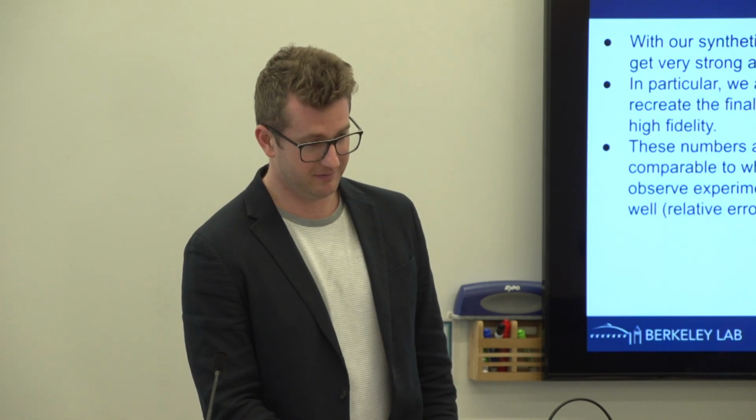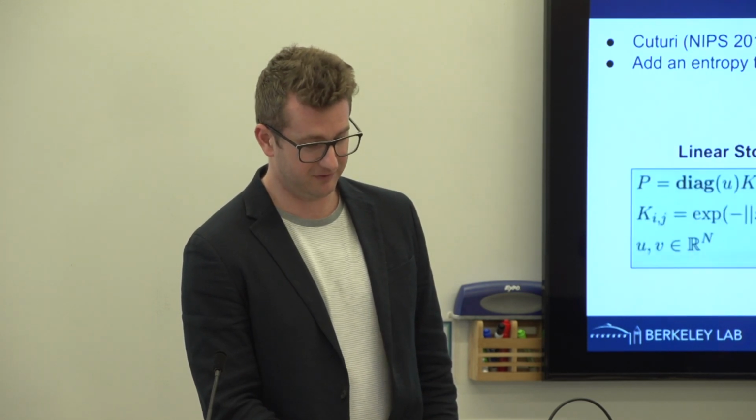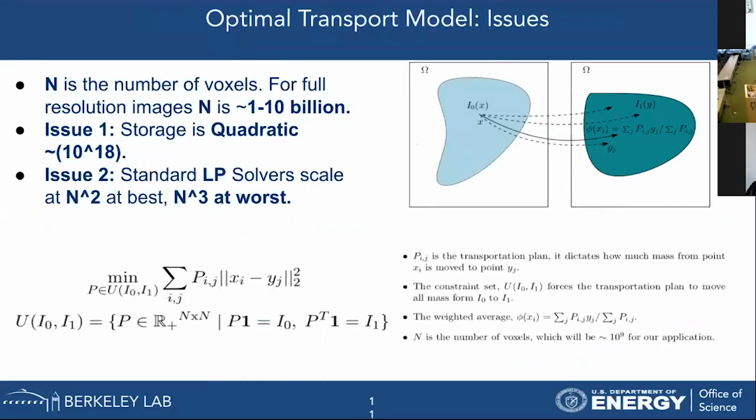Could you go back a few slides? To the one where it shows one pixel going to several others. Yes, of course. If I understand this correctly, because this is outside my area of expertise, for every pixel, every voxel, you're trying to see where it goes in all voxels in the other volume?